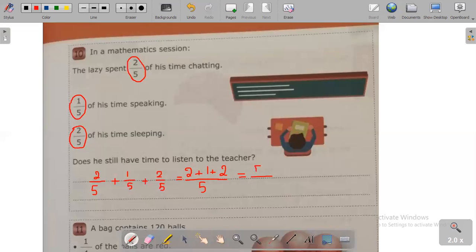So we get 5/5 and 5/5 is equal to 1. And 1 represents all the time. He spent 5 out of 5 of his time, so he spent all his time.